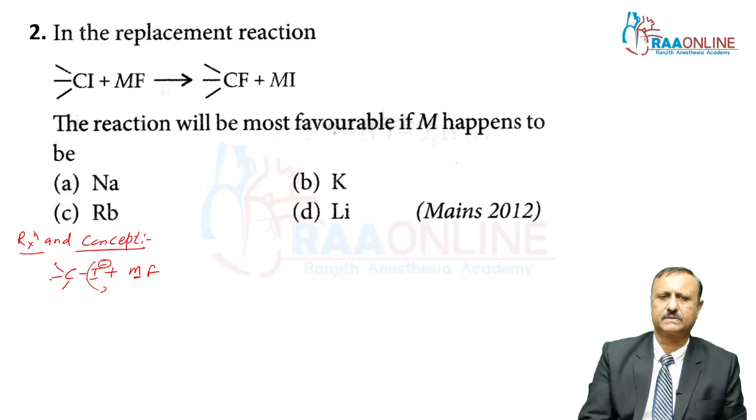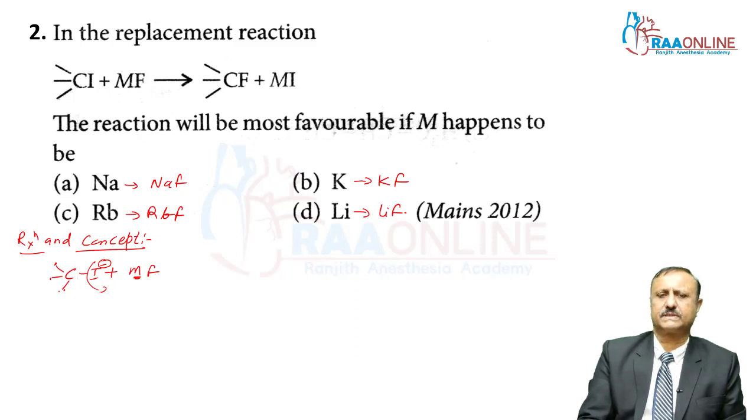Here my dear students, you can see the options. The reaction will be most favorable if M happens to be sodium, potassium, rubidium or lithium. When sodium is used, this is NaF. For rubidium it is RbF, for potassium you get KF, and for lithium you get lithium fluoride.